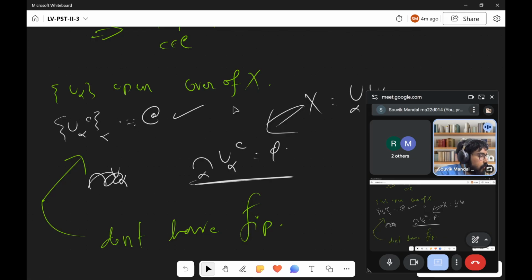Is it clear or not? Yes, sir. Since this collection doesn't have FIP, that means there exists a finite subcollection, U alpha 1 complement up to U alpha n complement, such that their intersection is empty. Is it clear?